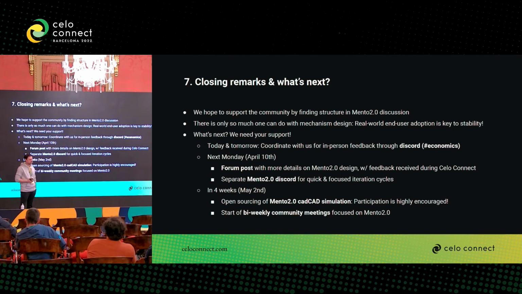To be able to achieve that, we want to create a separate Mento 2 Discord, so we have a more focused approach. And then in 4 weeks, we are open sourcing a CAT simulation for Mento 2.0 that we have been working on for a while now, that puts all these principles, like these new mechanisms, into action and analyzes them. And we hope, of course, for your participation there.